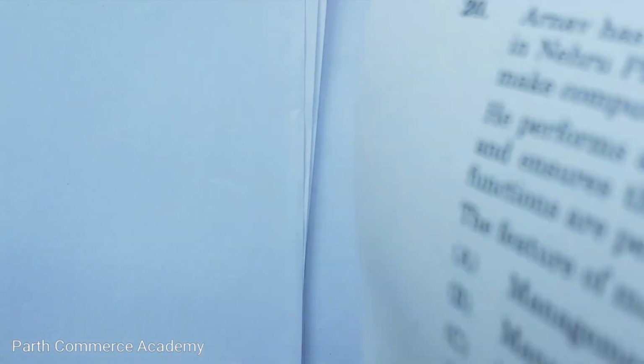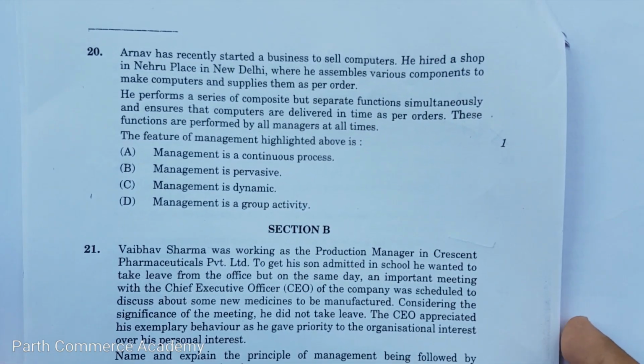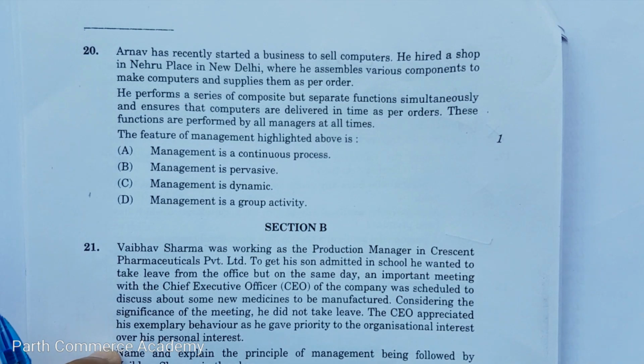Next is the last question of objective type. Arnav has recently started a business to sell computers. He hired a shop in Nehru Place in New Delhi, where he assembles various components to make a computer and supplies them as per order.